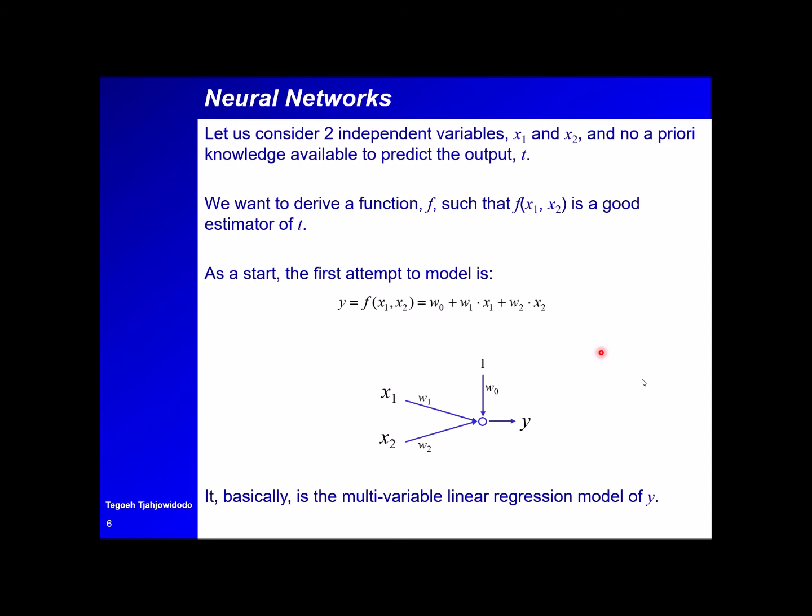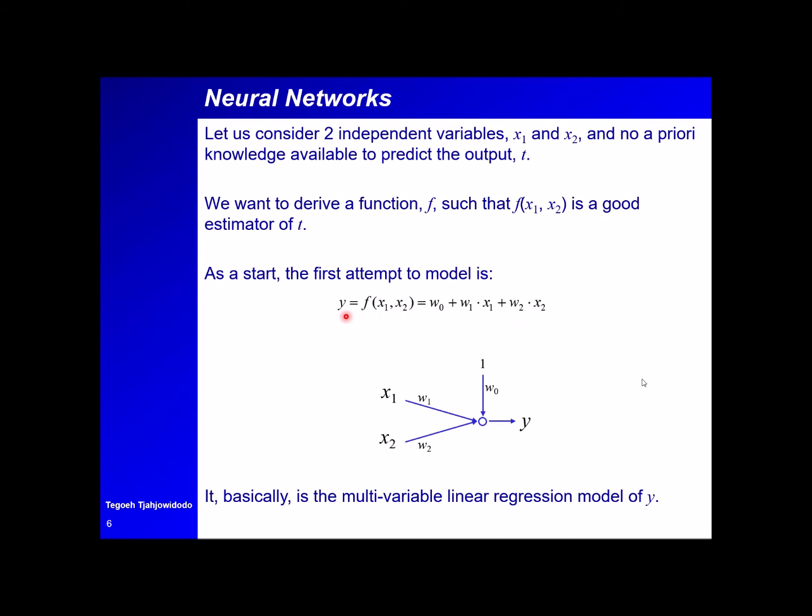We want to represent the relationship of x1, x2 to the t by constructing a plane equation y equal to a constant plus a linear combination of x1 and x2. Basically, this is just a plane equation like in our two variable linear regression. It's the same thing.